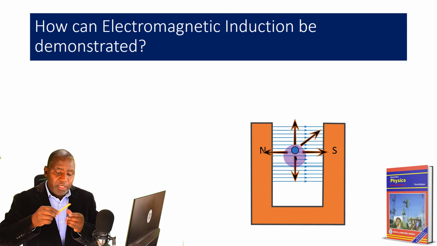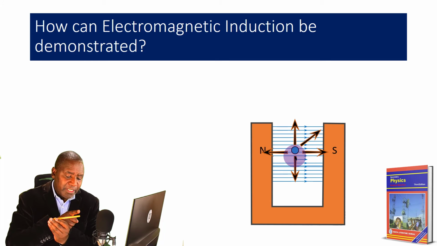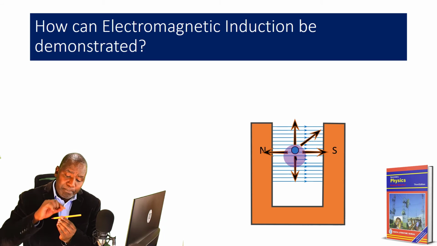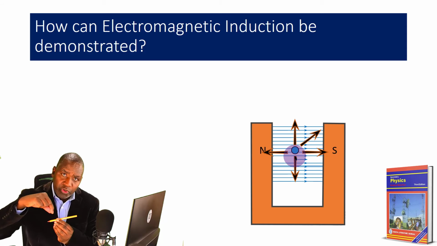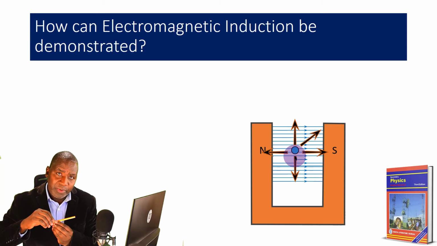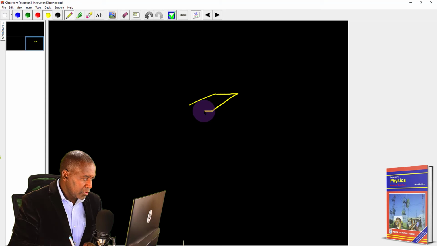Let me just use the same. If the length of the conductor within the magnetic field is from here to here, and then you double that length by maybe making it into a coil, I'm going to demonstrate that in a moment so that you can see how this happens. So let me say that this is one of the poles of the magnet.